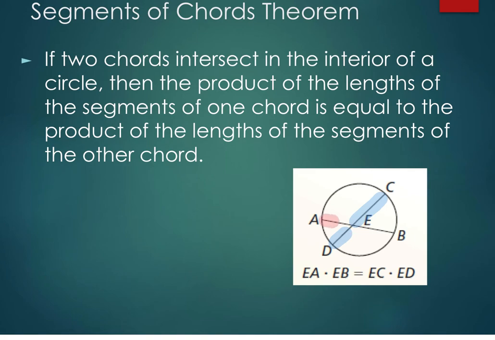That will be the same product as AE times EB. Multiplying any 2 segments of one chord will be the same as multiplying any 2 segments of the other chord, as long as those chords intersect each other. Okay?